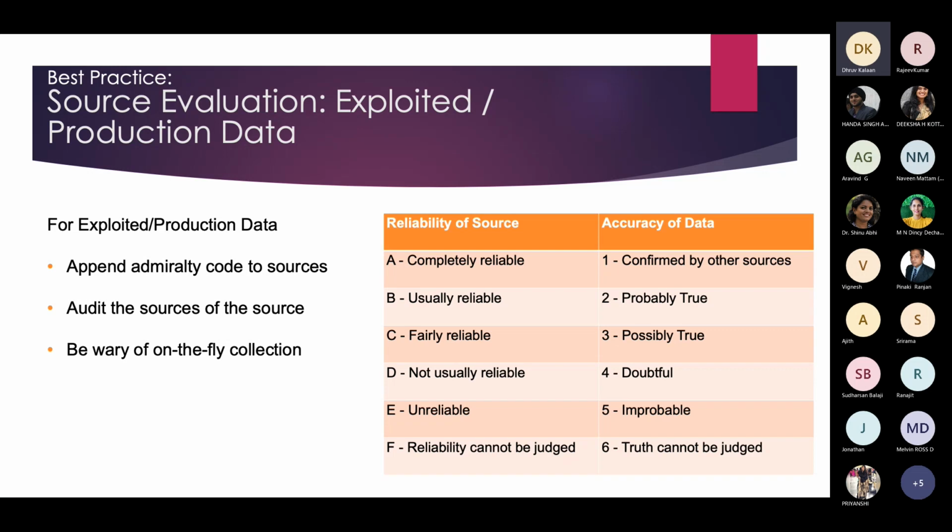But if somebody's just claimed something without providing any evidence or any data to back it up, you start doubting that information. So for every report, you score them accordingly, say something like A1, or A3 or A2.